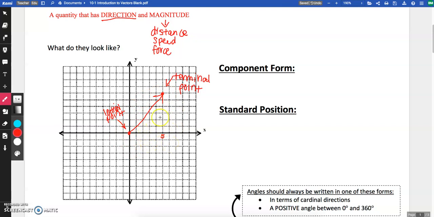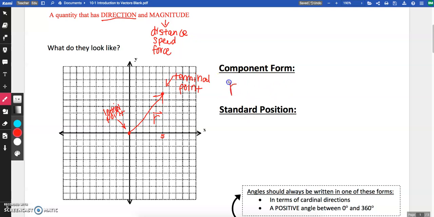I can call this vector R, and we use a little symbol to call it a vector. It looks like a half arrow. We'll draw more of these over here in a second. If I want to label this vector, we call it component form.